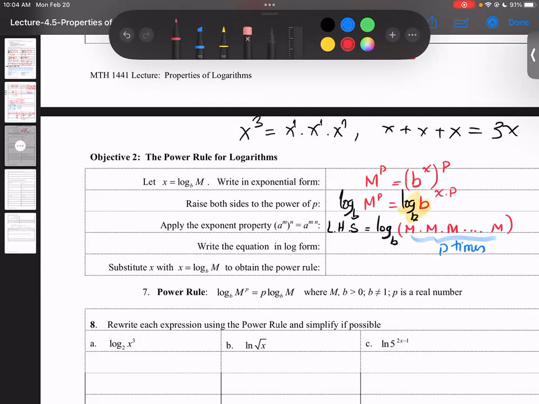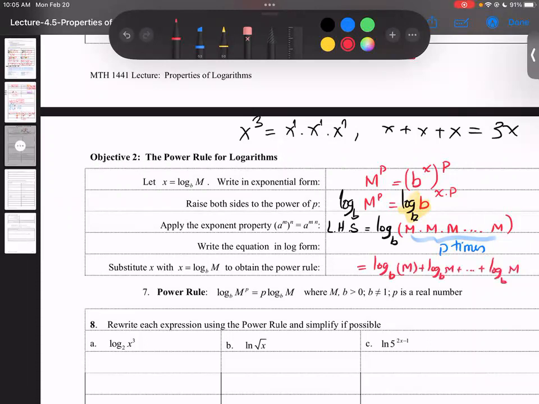Are we good here? What can I apply? You know one of the rules: if you have log of products, you can rewrite it as a sum of logs, right? So this is equal to log base b of m plus log base b of m, all the way to log base b of m.